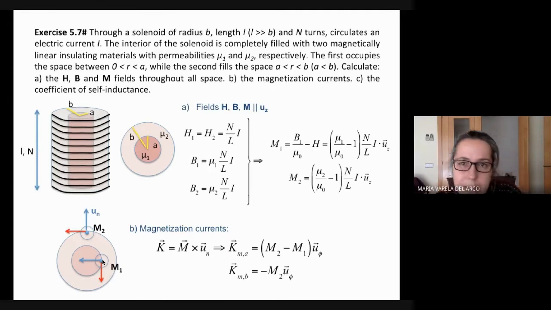For material, let's say first the contribution for material number 2, UN pointing towards the outside will go pointing like that, like minus UR. But then for material number 1, the opposite thing would happen. For material number 1, the normal vector is going to be the radial vector pointing towards the outside. In other words, the opposite that I plotted here. I didn't want to plot all of them because they're going to be just complicated, right?